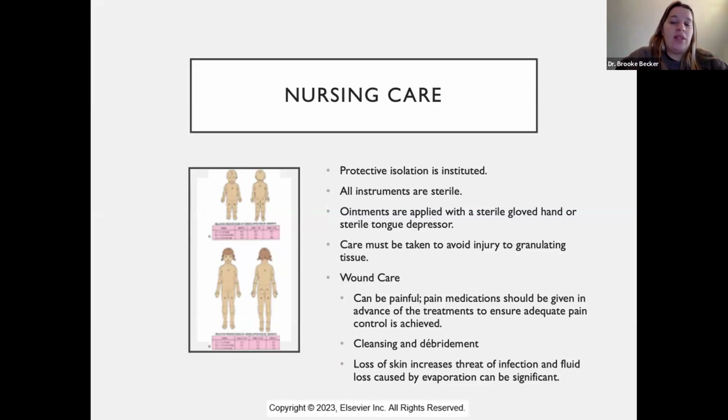Loss of skin increases your risk of infection and fluid loss, right? So when those burns are uncovered, that's what's happening. You're at an increased risk for infection, and also an increased risk for fluid loss because the fluids are essentially evaporating from those open wounds.